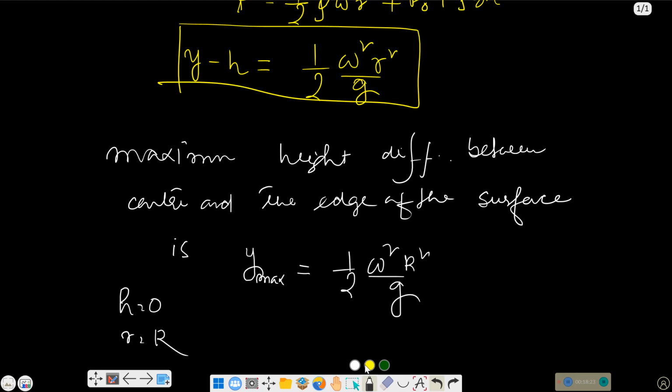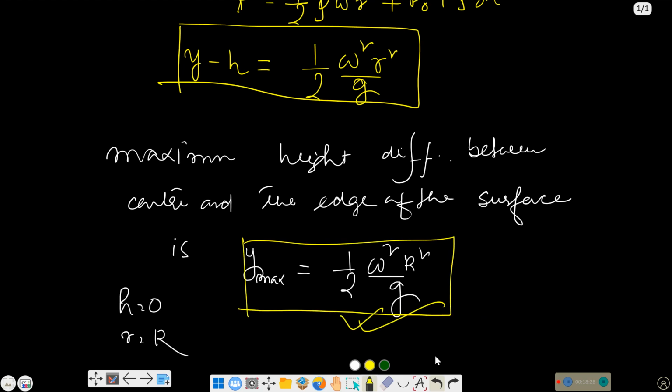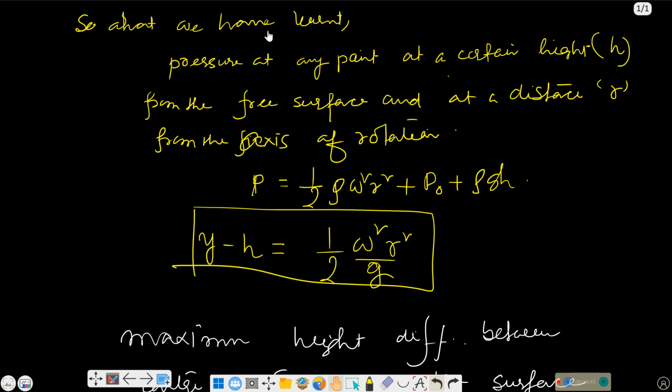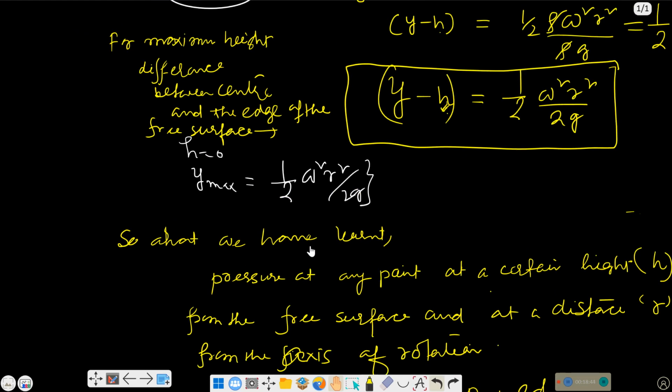Okay, so this will be your maximum height difference between the center and the edge of the surface. In one particular equation for the maximum height difference, it should be capital R square, with h equal to 0 and r equal to small r. So I hope you have understood. Thank you.